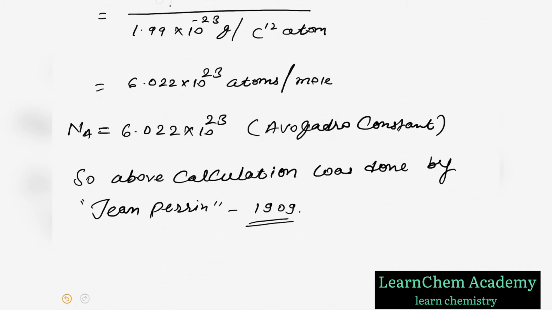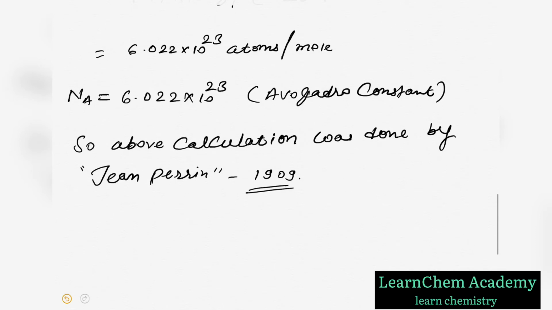So in this case we could call it the Perrin constant, since it was calculated by Jean Perrin. But to give the honor to Avogadro, he named it the Avogadro constant, because in the 18th century Amedeo Avogadro expressed the idea of that much value, which equals the Avogadro constant. That's why Jean Perrin gave the honor to Avogadro.